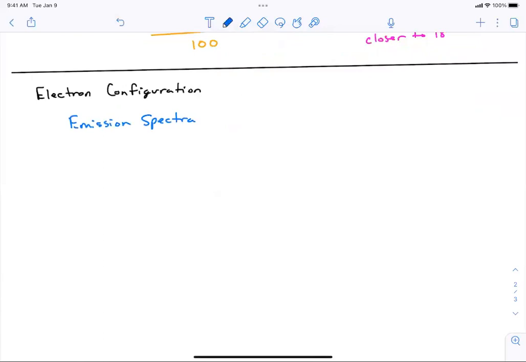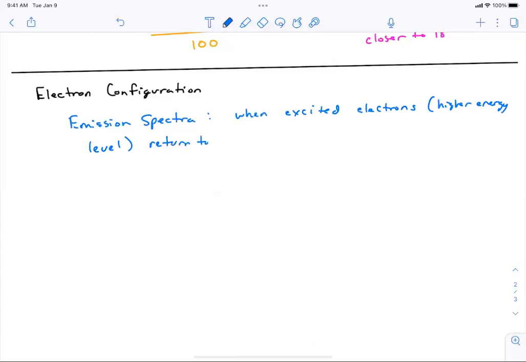Question? No, I thought I saw a hand up out of the corner of my eye. So emission spectrum, okay? An emission spectra occurs when excited electrons, which means they go up to a higher energy level, return to a lower energy level and emit a photon as light.